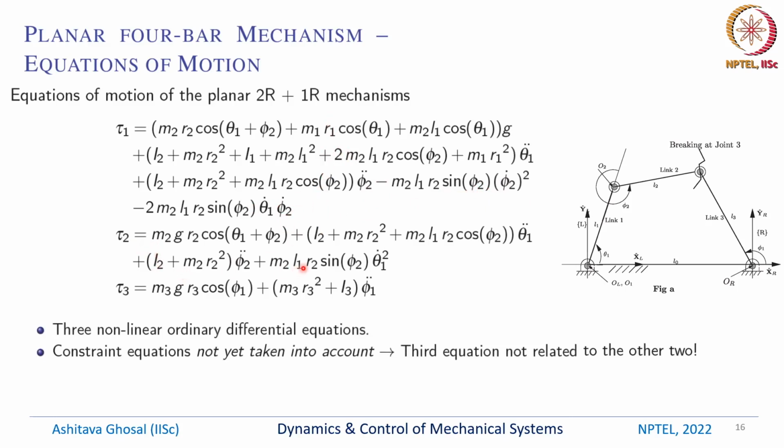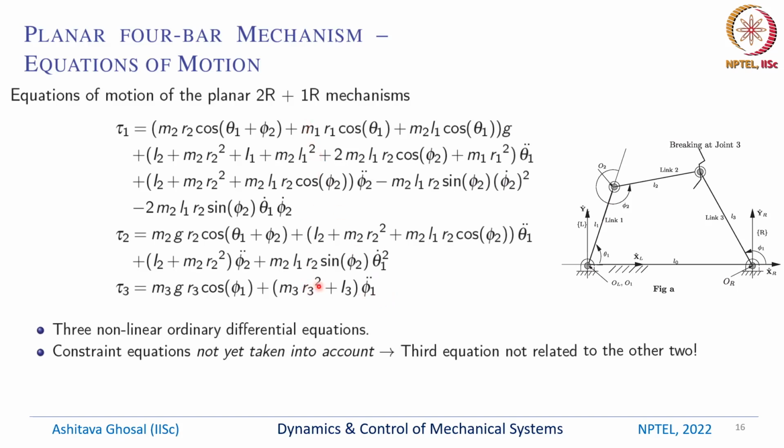Likewise for tau 2 we have this gravity term, something into theta 1 double dot plus I2 plus M2 R2 square, and then the centripetal Coriolis term. Then we have another equation, which is simply the single link 1R mechanism: tau 3 is given by M3 g R3 cos phi plus M3 R3 square plus I3 into phi 1 double dot.